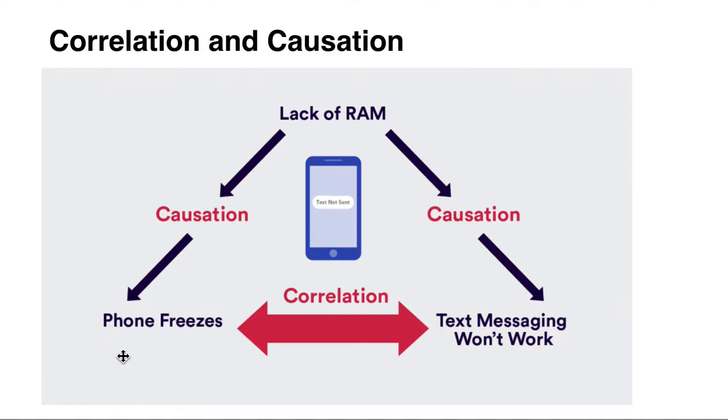Just improving the ability to send more text is never directly causing the phone freezing. It's correlated, but it's never caused by. So it's important as a leader for us to differentiate which metrics that we are looking at are correlated metrics and which are causation metrics. And typically the focus should be on the causation metrics.